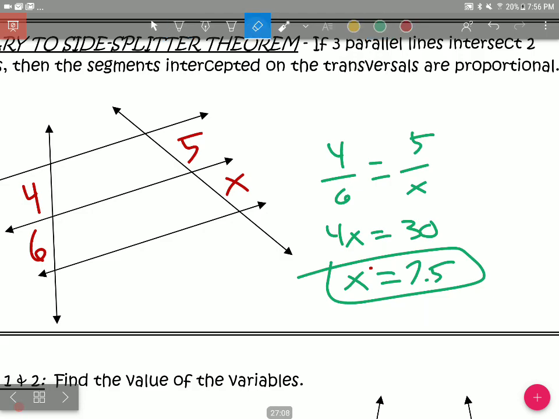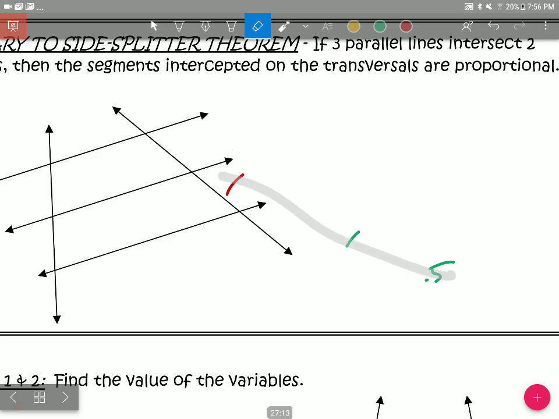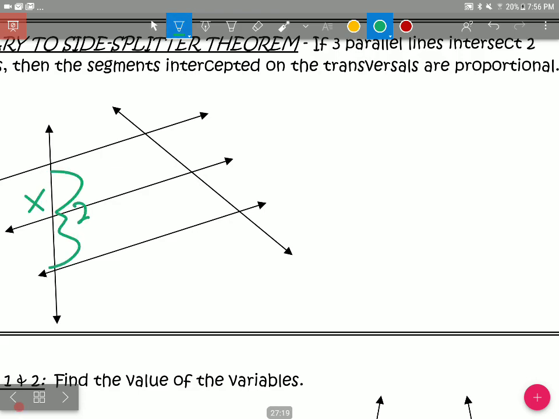So let me delete this real quick. So if I did x, and this whole thing right here is 24, 8, and 12. This entire side is also, 8 and 12 is not 24, it's 20.